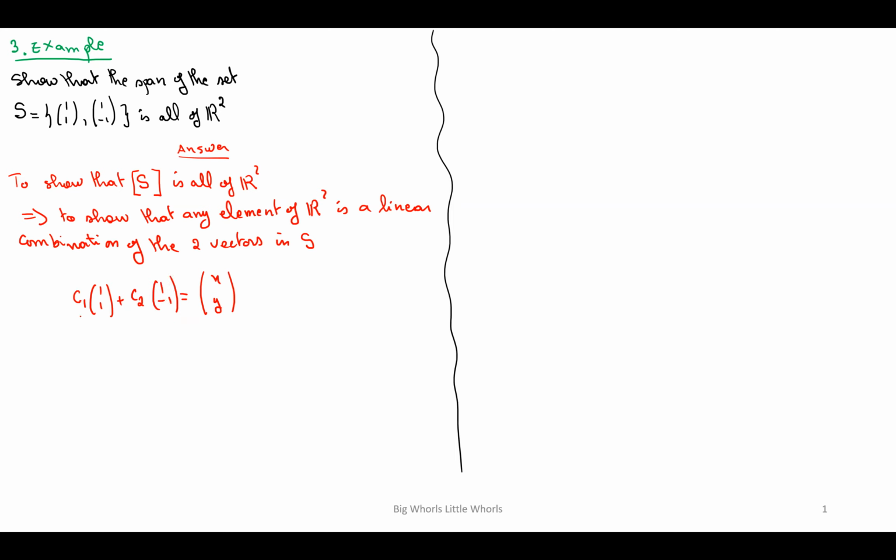So we need to find C1 and C2 such that any vector (x, y) can be written as the linear combination of these two vectors. Is that okay?